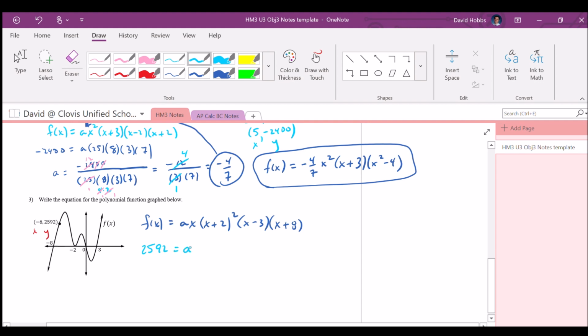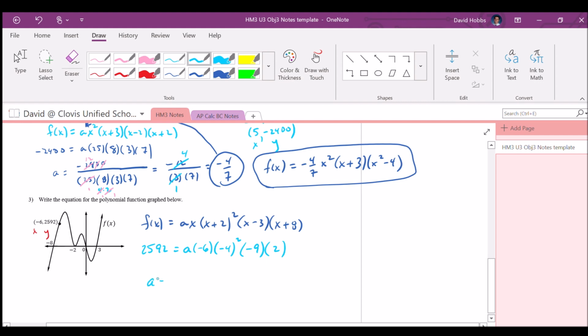2592 equals a times the x of negative 6. Now, negative 6 plus 2 is negative 4. And it's being squared. Don't forget the squared. And negative 6 minus 3 is negative 9. And negative 6 plus 8 is 2.